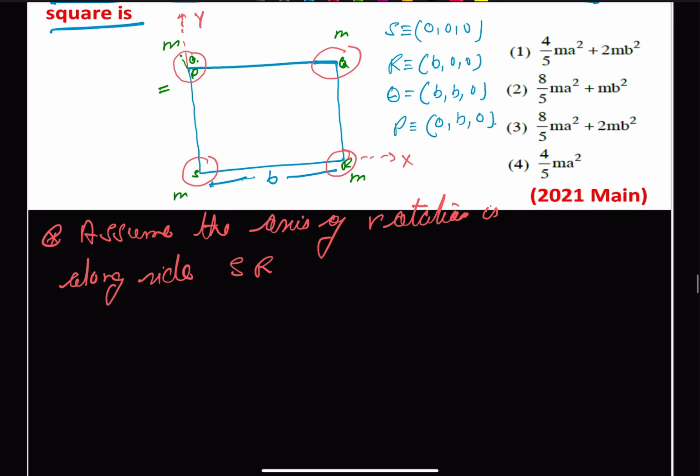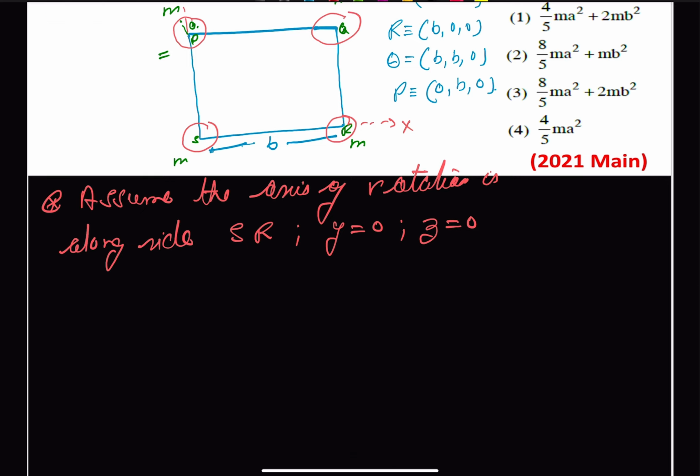So along SR basically means that y is equal to 0 as well as z is also equal to 0.